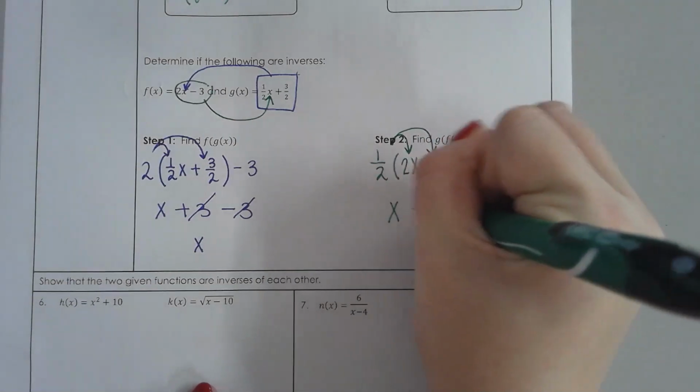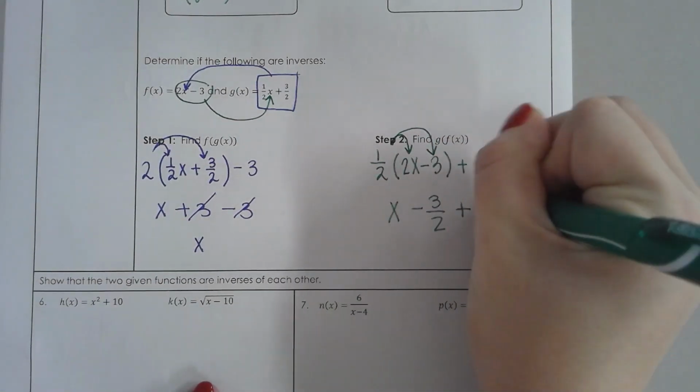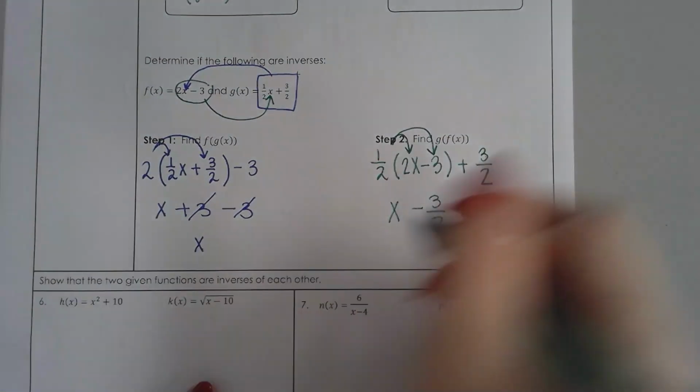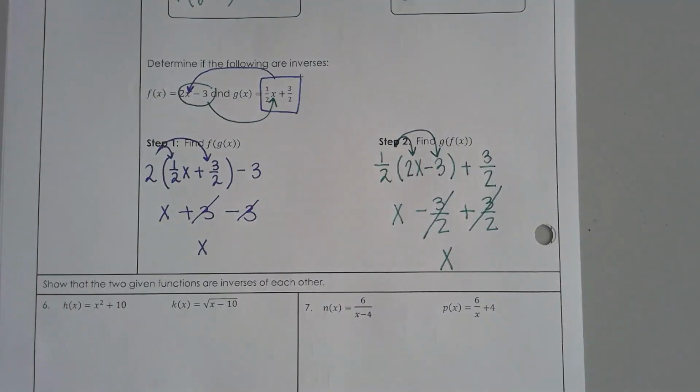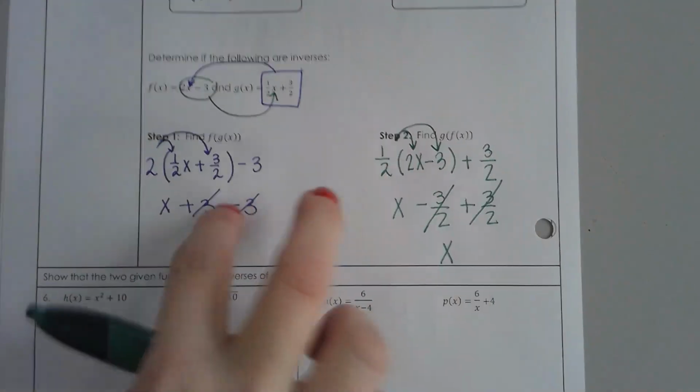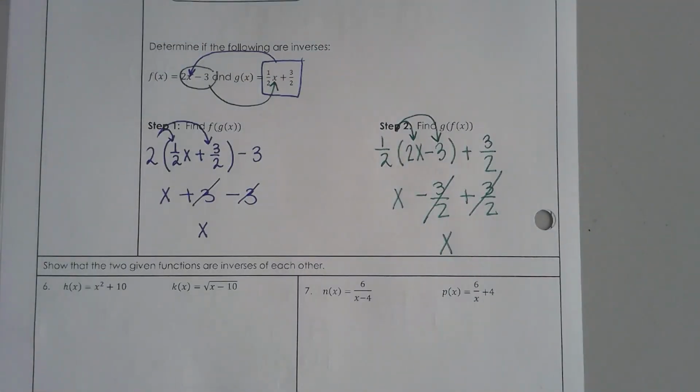Negative 3 over 2. Plus I have this 3 over 2. So those cancel, leaving me with just x. So are those two inverses of each other? They are. If both of these equal x, we can say that they are inverses.